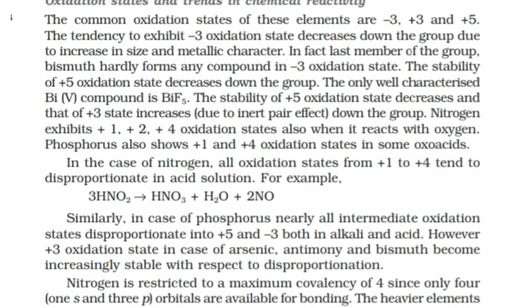In fact, the last member of the group, bismuth, hardly forms any compound in -3 oxidation state. The stability of +5 oxidation state decreases down the group. The only well characterized bismuth(V) compound is BiF5.